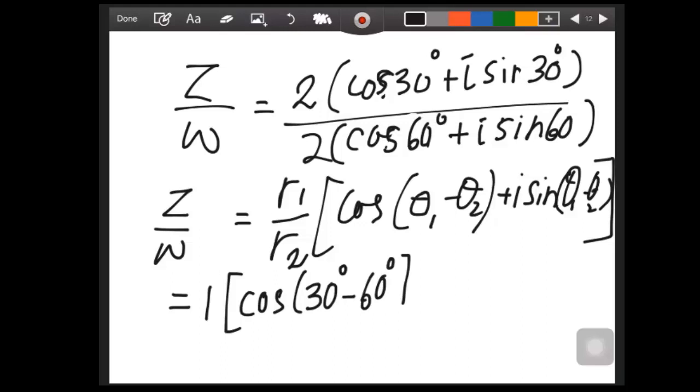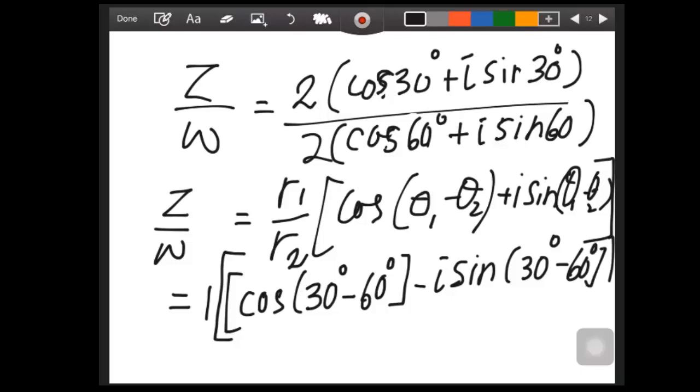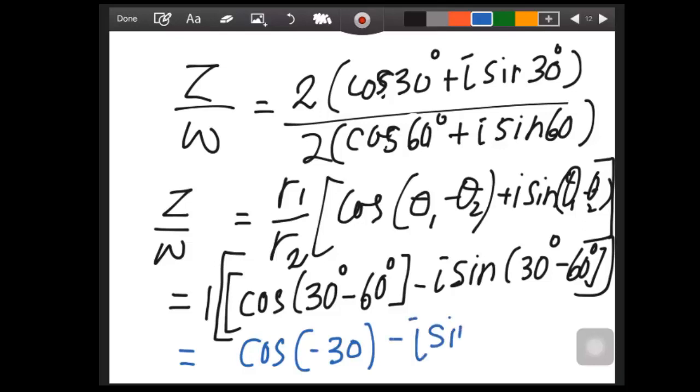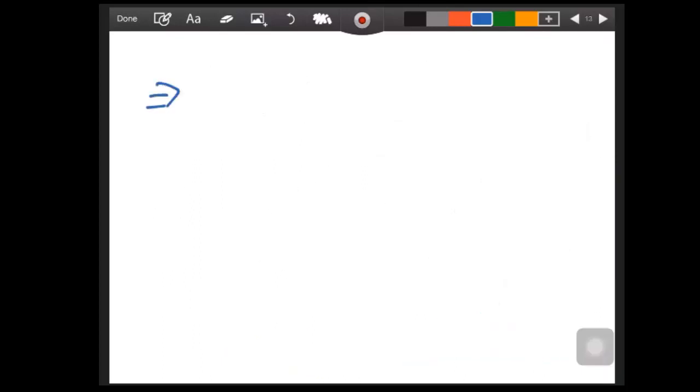So and then kita ada i sin 30 minus 60. So would be, dia punya ni adalah sama juga dengan cos negative 30 minus dengan i sin negative 30. Okay, so yang ini kita akan dapat cos negative 30 tambah dengan i sin negative 30 kan.